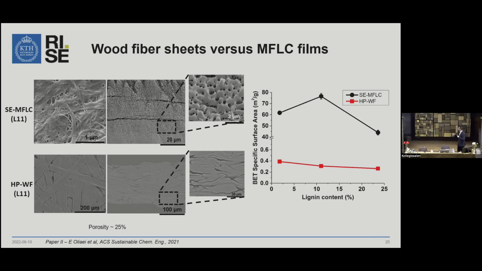And the nature of these pores is also different. The size of the pores in the hot pressed wood fiber is tens of microns, and the nature of that is related to the gaps between the wood fibers. The specific surface area for the MFLC films was much higher compared to hot pressed wood fibers.